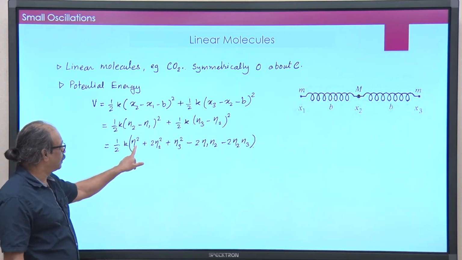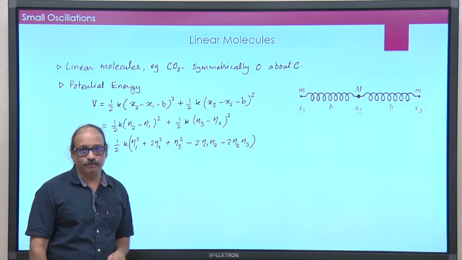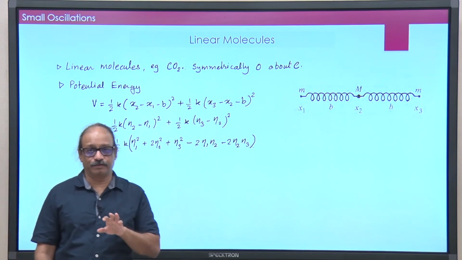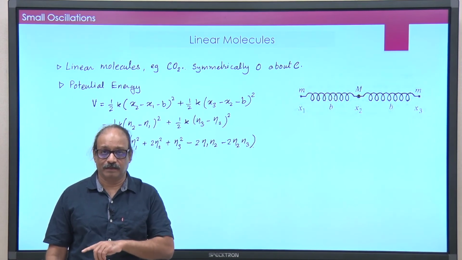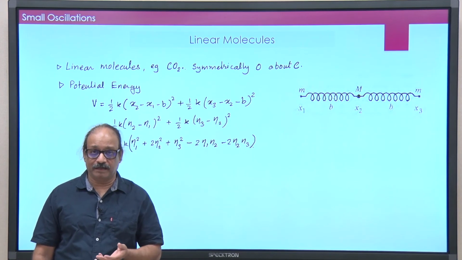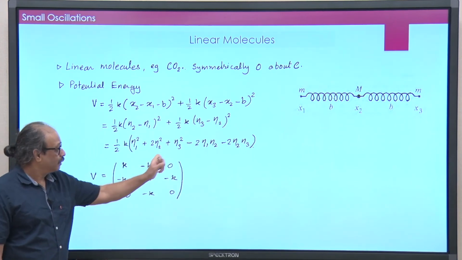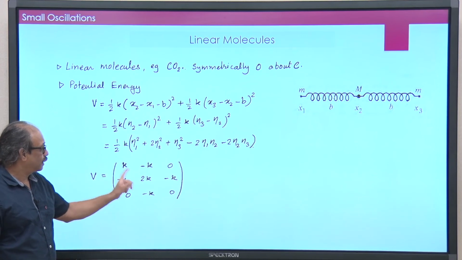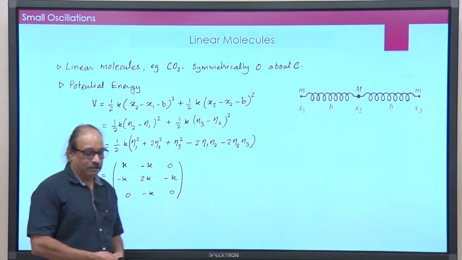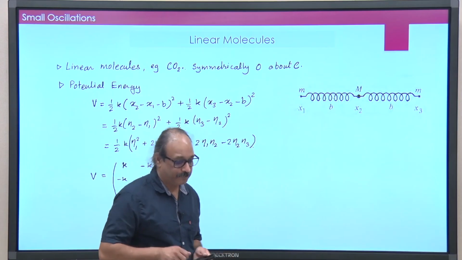So, the 3 diagonal entries will be 1, 2, 1. This eta 1 eta 2 I should split into 2 parts, write it as eta 1 eta 2 plus eta 2 eta 1, so that your V matrix looks symmetric. So, that minus 2 gets divided over 2 sides, minus k here and minus k here, and then the diagonal entries are k, 2k, k.